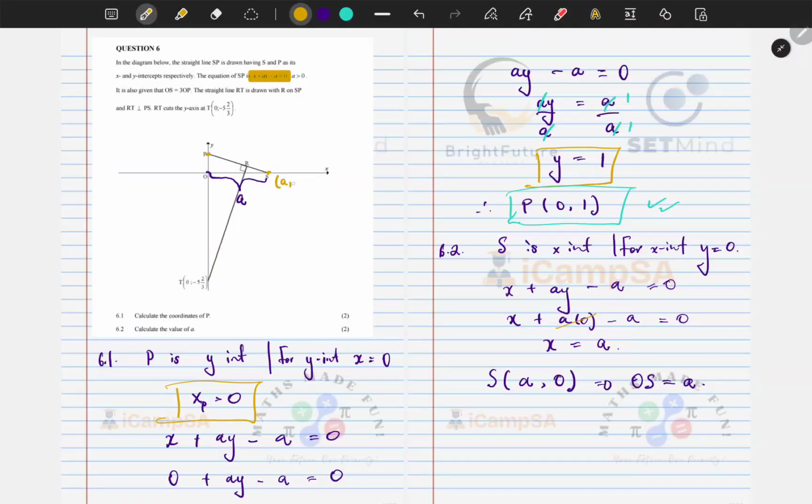So here you have (a, 0). Remember, we have this relationship that says OS is equal to 3 OP. Great. So now we have OS as a, then we need OP.